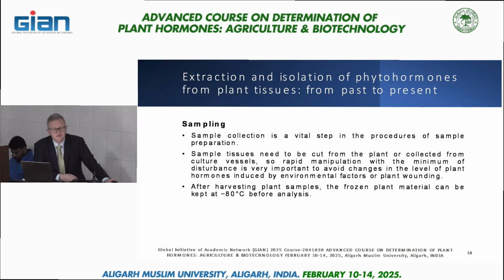When collecting plant tissue samples, rapid manipulation with minimal disturbance is crucial. Even minor stress, such as cutting, can trigger hormonal changes within seconds. Therefore, samples must be collected quickly and processed under controlled conditions to prevent alteration in hormone levels.